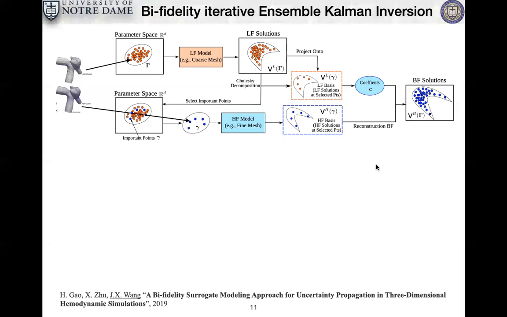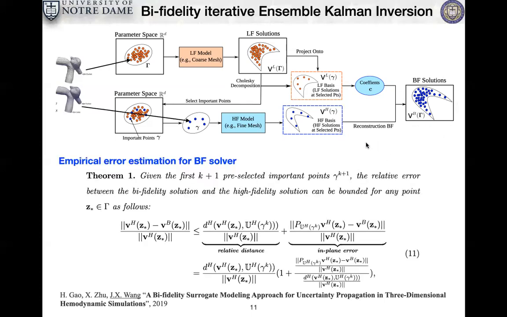So using this bifidelity method, we can predict the posterior with an acceptable cost. And we also have a theorem to evaluate the accuracy of our bifidelity solver compared to the high fidelity solver. The idea is that the high fidelity solver is very accurate, so we evaluate the relative error between our bifidelity model and the high fidelity model.